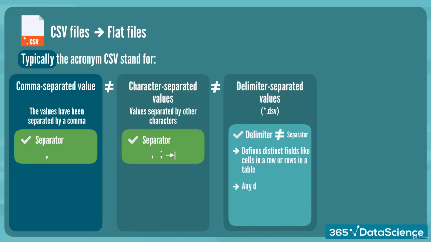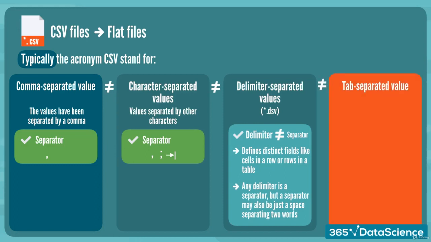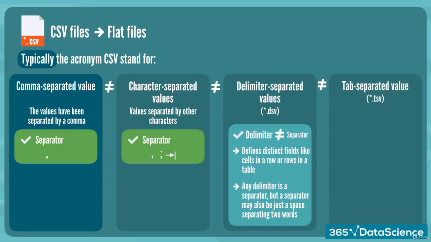In this way, any delimiter is a separator, but a separator may also be just a space separating two words, although they both belong in the same table cell. If that's not confusing enough, there is also the tab-separated value format, TSV, which is a type of DSV and is also being used in practice.